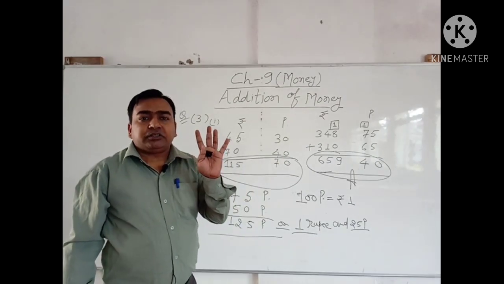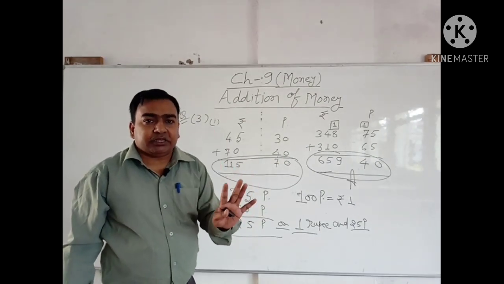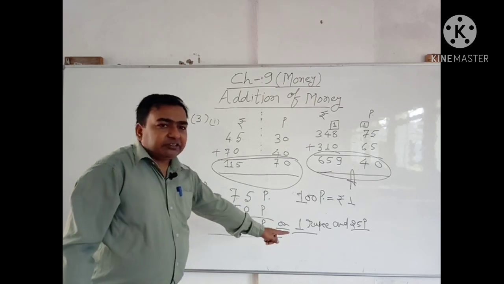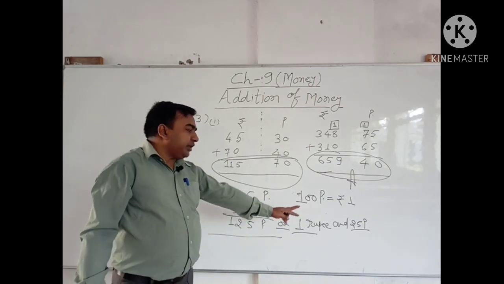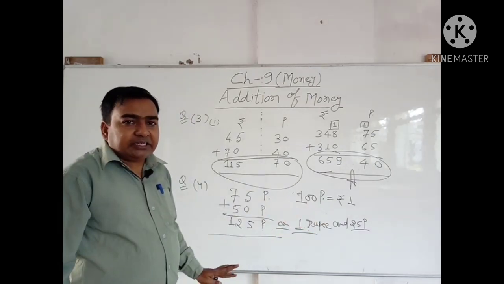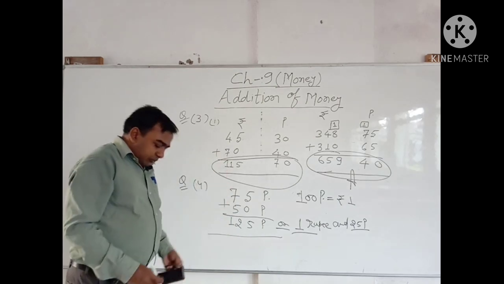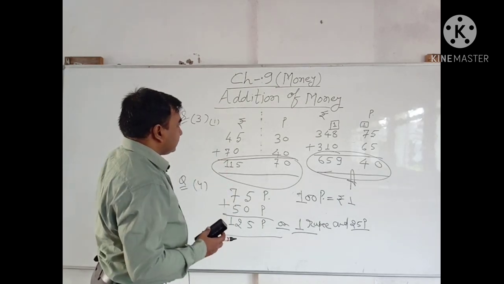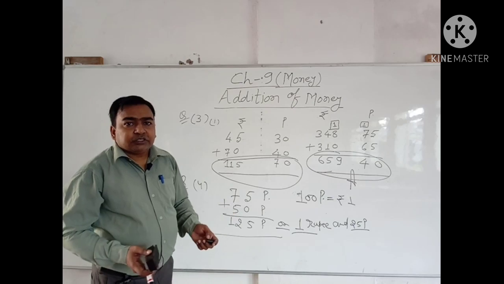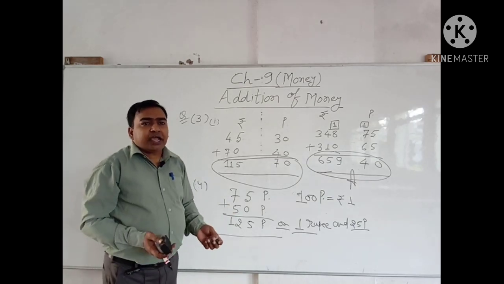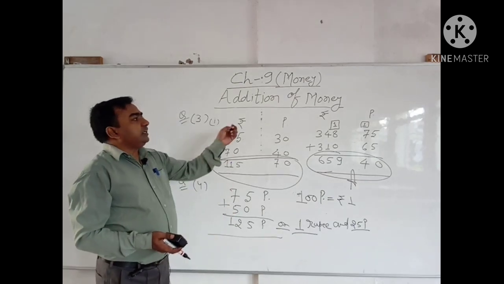Already I taught these things in conversion of money. Okay, that's why I have written 1 rupee and 25 paise. Okay, so students, through this video we have learned addition of money.